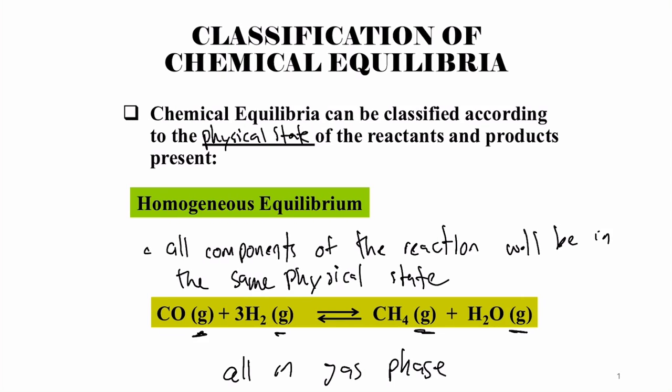And so this is going to become important because if you're in different states of matter, then only some of them are going to contribute to the equilibrium constant.